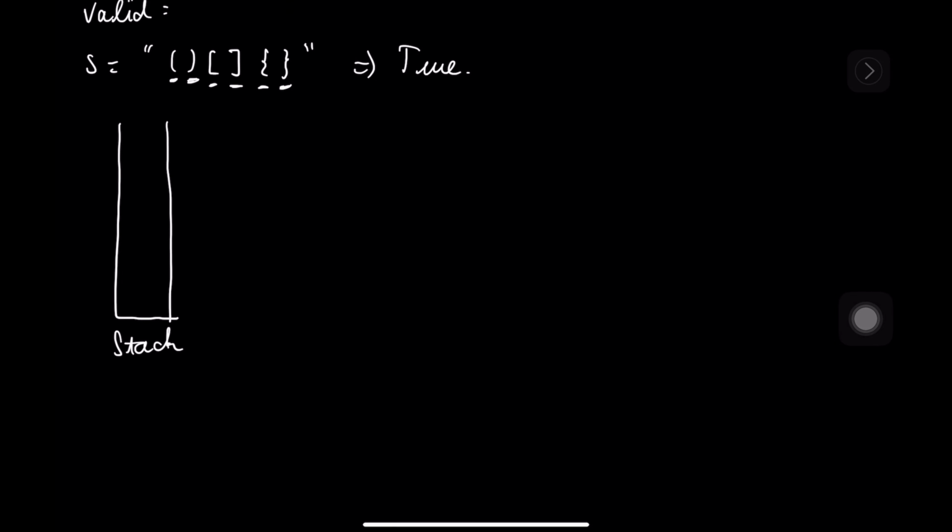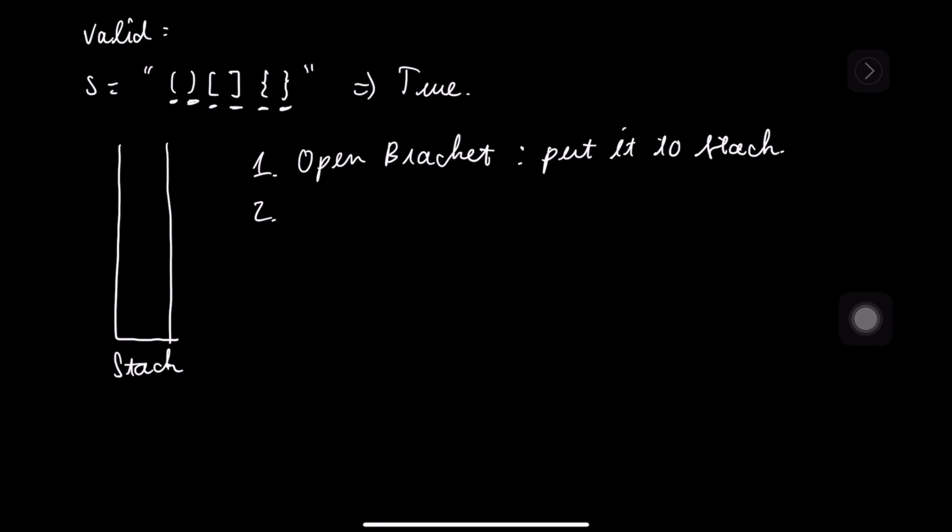As we walk through the example here, we can come up with this algorithm. First, whenever you see an opening bracket, you put it into the stack. Next, when you see a closing bracket, you have to do some steps.